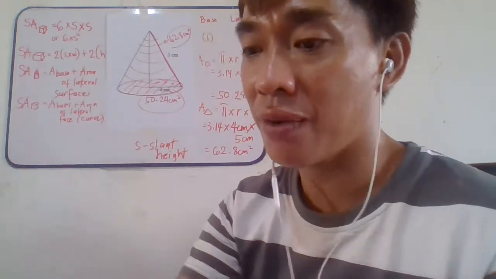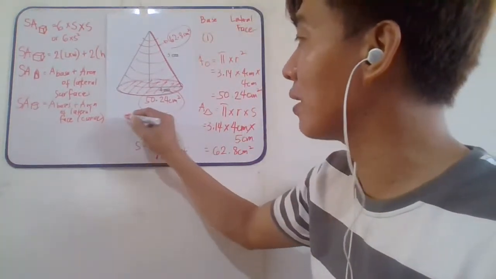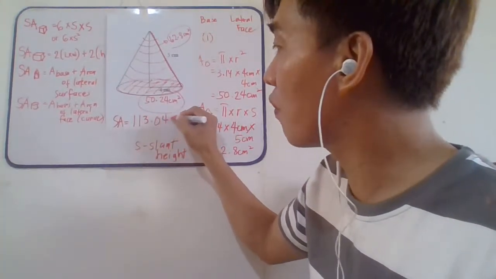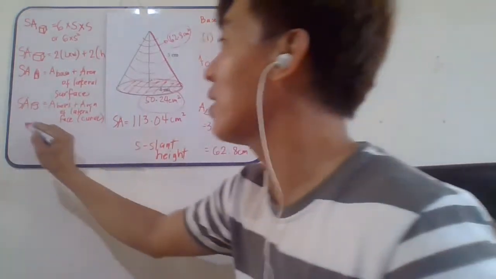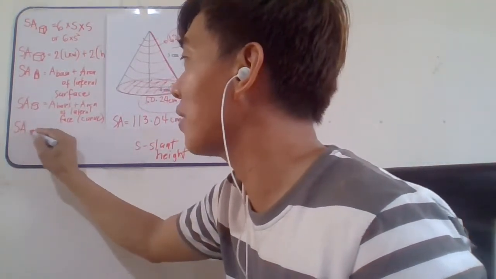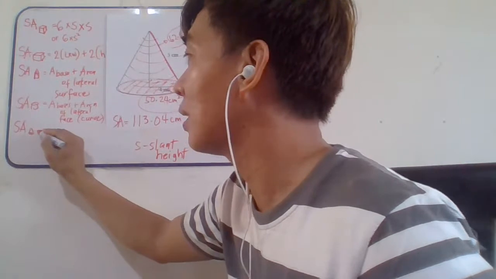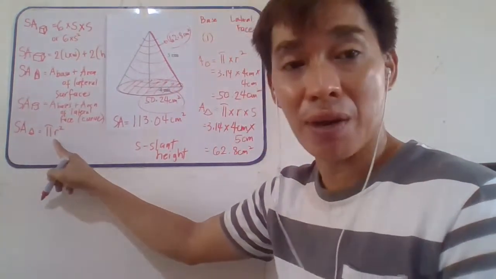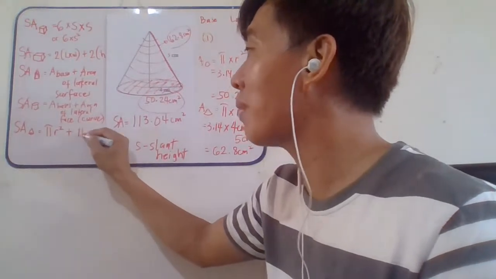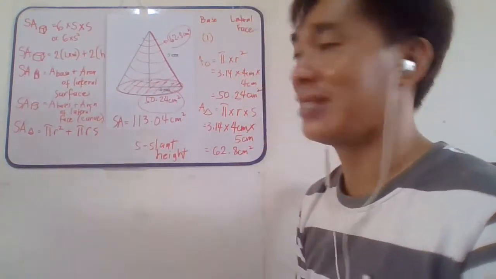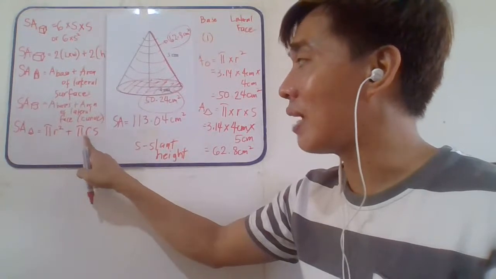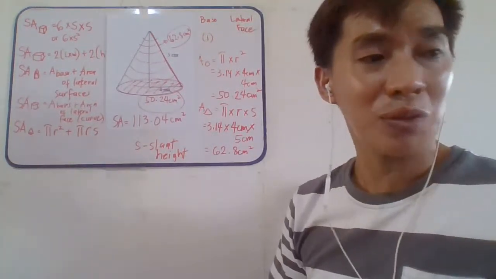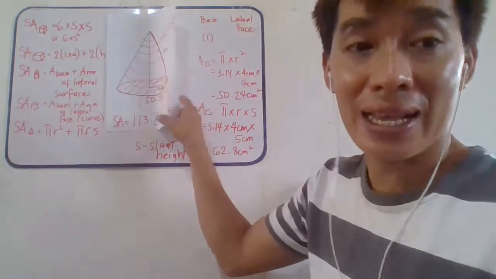So the surface area of this figure is 113.04 centimeters squared. So once again, let us be reminded that the surface area of the cone is equal to pi r squared for the area of the circle plus pi rs, pi times radius times slant height. Okay? So if there's no more question, let's proceed to the last figure.